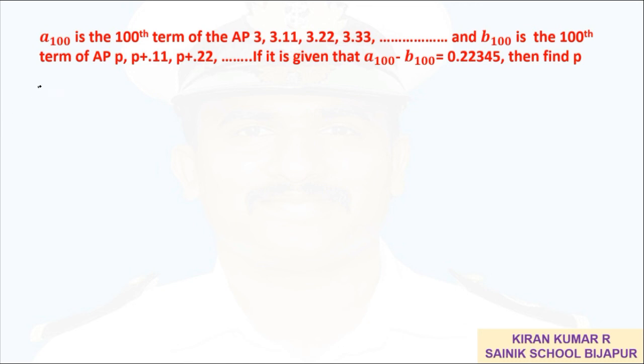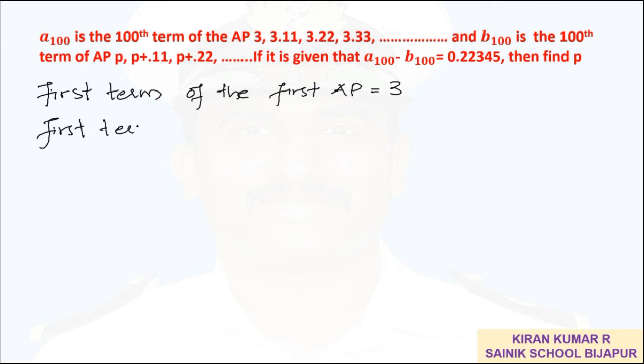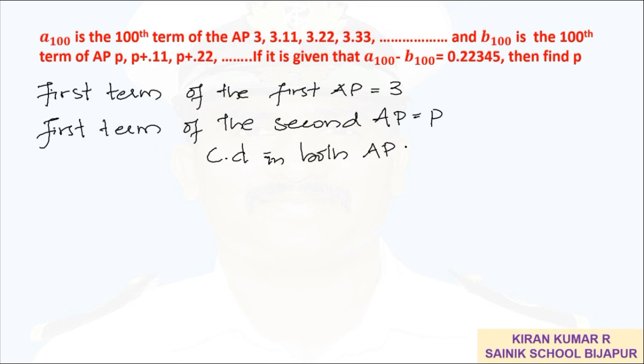Let me mention it like this. First term of the first AP is 3. First term of the second AP is P, and for both the APs, the common difference in both AP is 0.11.